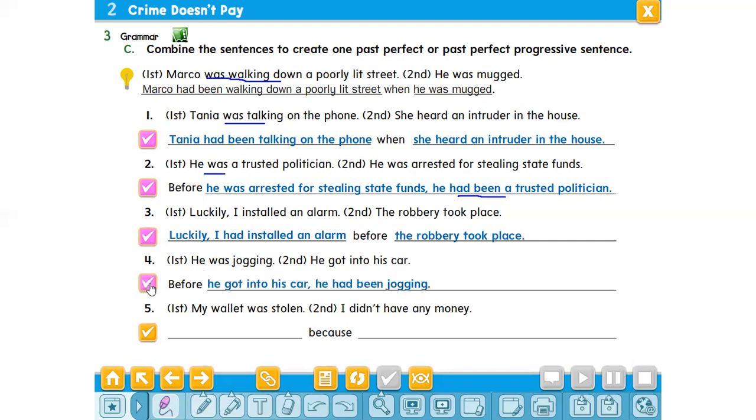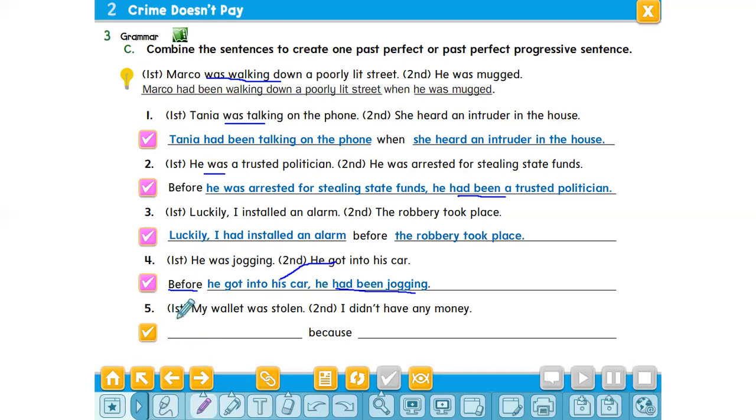Excellent. Before he got into his car, okay, we will start with the second action. Why? Because of before. Okay, and then we will use had been jogging. Why? Because the main verb here is past progressive.